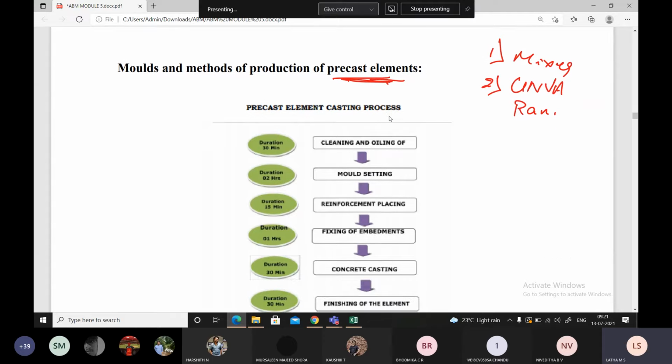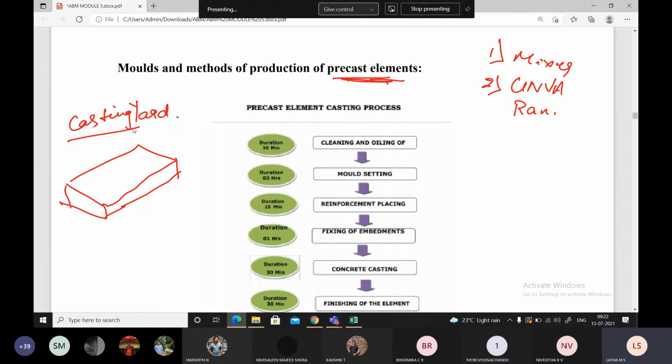Do you have an idea, students, how the precast elements are being cast? If I say it's a rectangular element, it is very easy to cast. With a thickness of 25 mm to 30 mm, you can get a mold and cast at the casting yard. Am I correct? At a casting yard, you can do it.